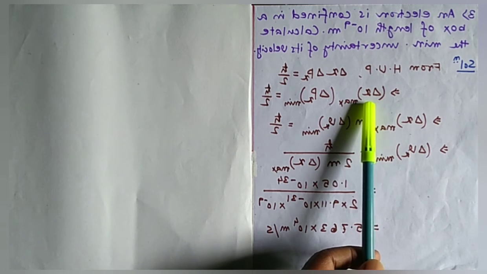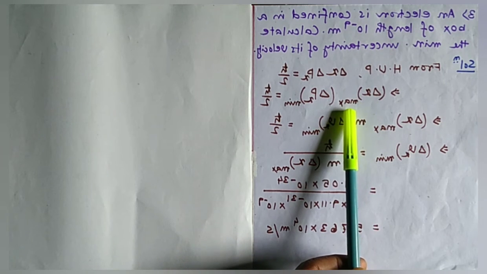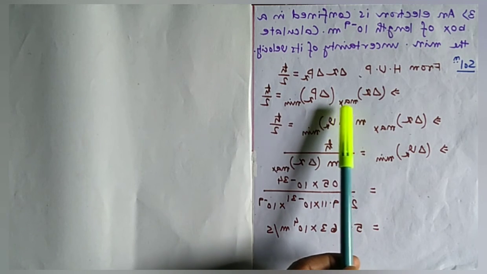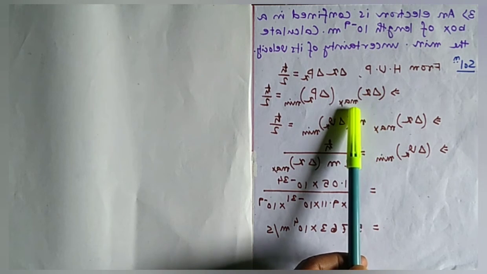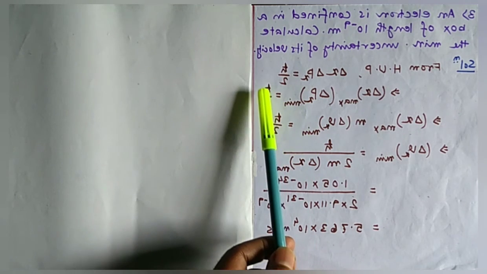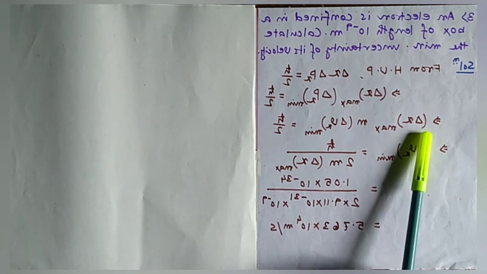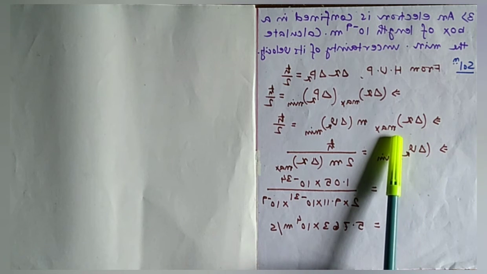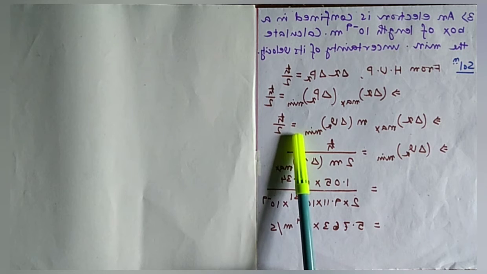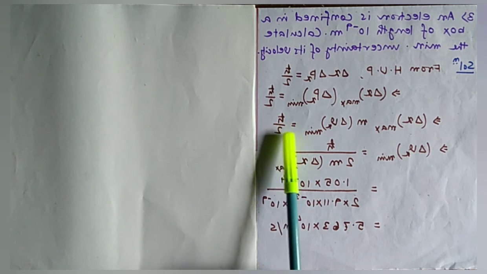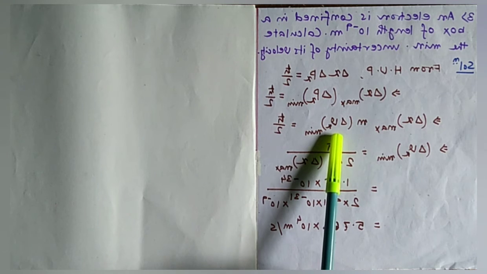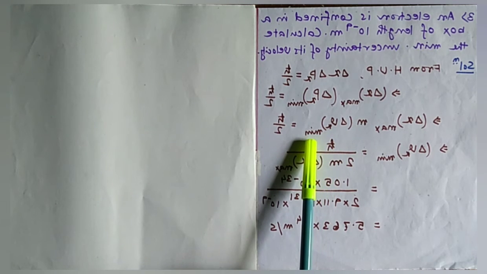Now if delta x is maximum, then delta px must be minimum, so we may write delta x max into delta px min equals h bar by 2, or delta x max into m delta vx min equals h bar by 2. This delta vx is the uncertainty in measurement of velocity.